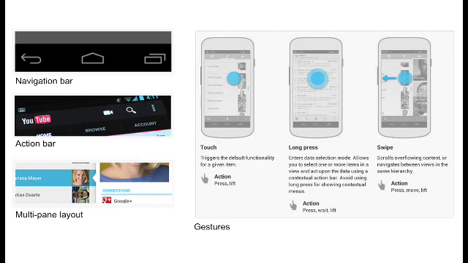Think about the different types of interactions on list items. What does a touch mean? What does a long press mean? What does a swipe mean? Different platforms have different conventions for this. If you swipe an item off to the left, are you deleting it? Are you sharing it? Just think about what the different gestures mean, and think about ways that users will be able to figure out what gestures are possible on any given item.